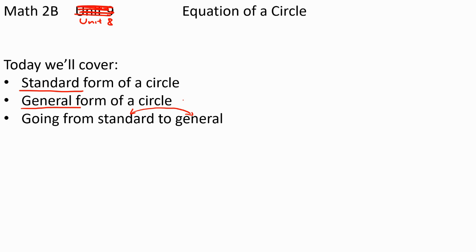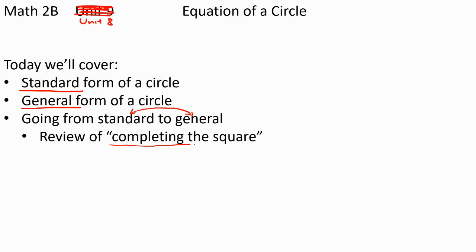Okay, so I want you to be able to see either version of a circle's equation and to be able to interpret how to draw it and how to go back and forward from one form to the other. These are our goals for today. In order to go from standard to general or vice versa, we need to review this concept from last year, completing the square.